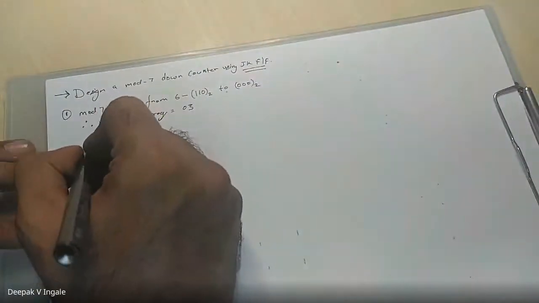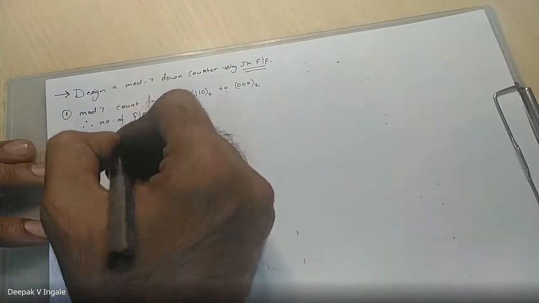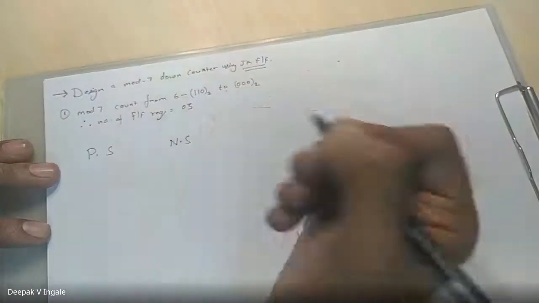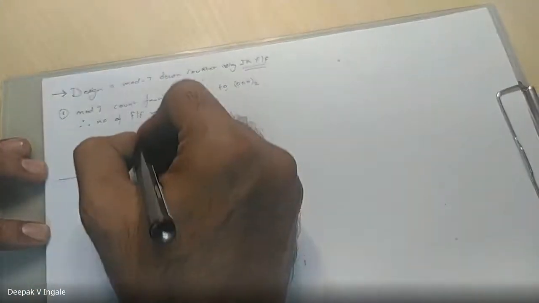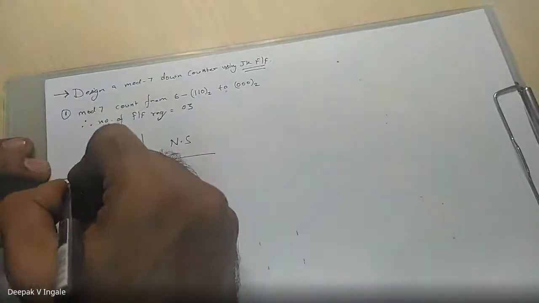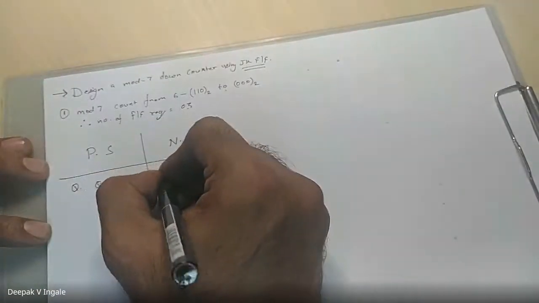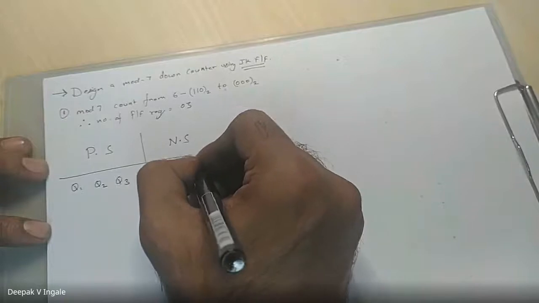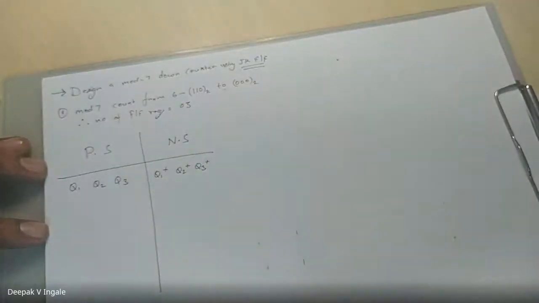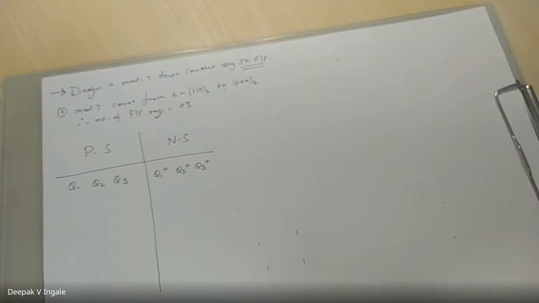So start writing the table: present state, next state. You would have Q1, Q2, Q3, Q1 plus, Q2 plus, Q3 plus. Typically an up counter would start with 0 and end with the higher digit. Down counters can also start with 0, but it would go to the next highest value.